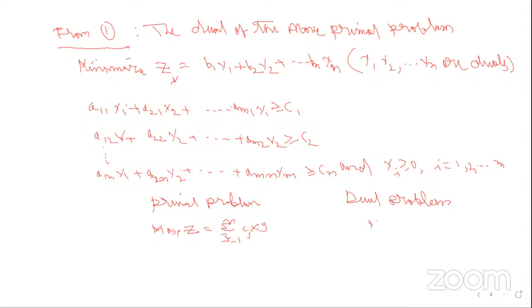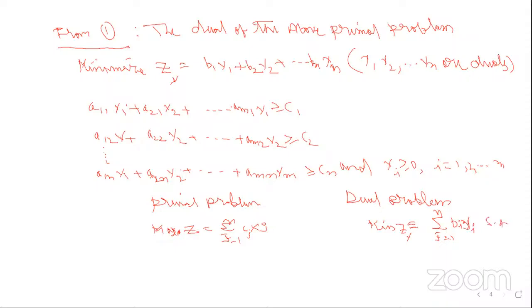In dual, minimum z, min z, means minimum z, y z, y or w, as you wish, anyone you can put. Sigma j equal to 1 to n bi yi.